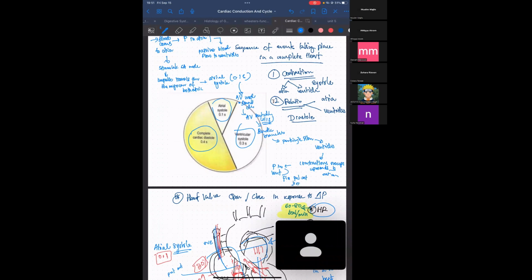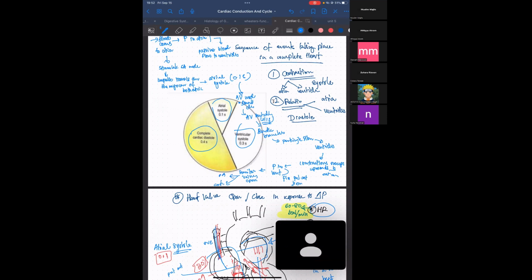So the semilunar valves, the aortic and pulmonary valves, open and the blood will go to the aorta and pulmonary artery. This ventricular contraction takes around 0.3 seconds.